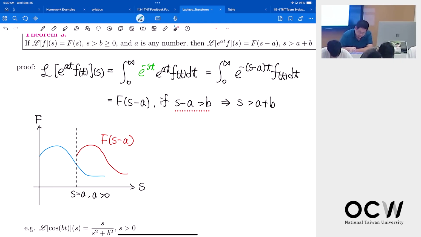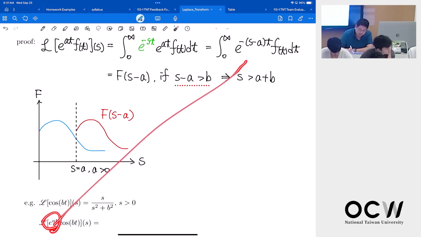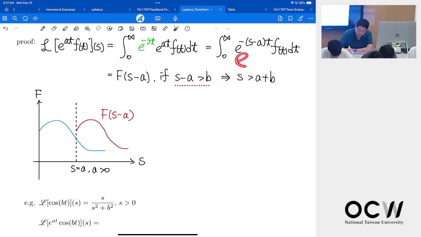Which means if we know the Laplace transform of your cosine function is s divided by s squared plus b squared, then if you multiply by e to the at, actually you don't have to do the integration. If you do the integration, you will see that I have exponential and also cosine, and you need to do integration by parts twice, but it is not necessary.